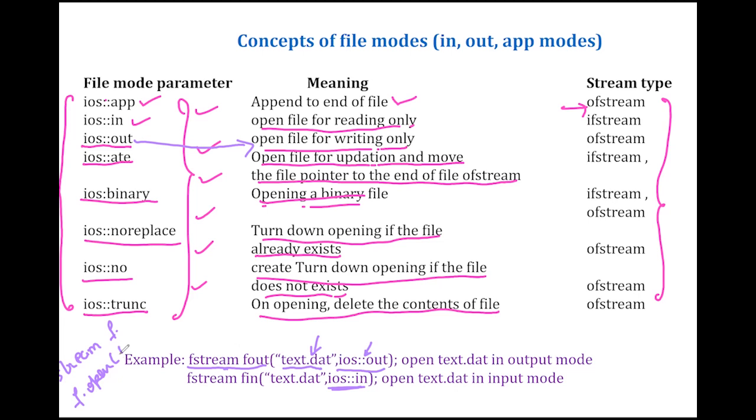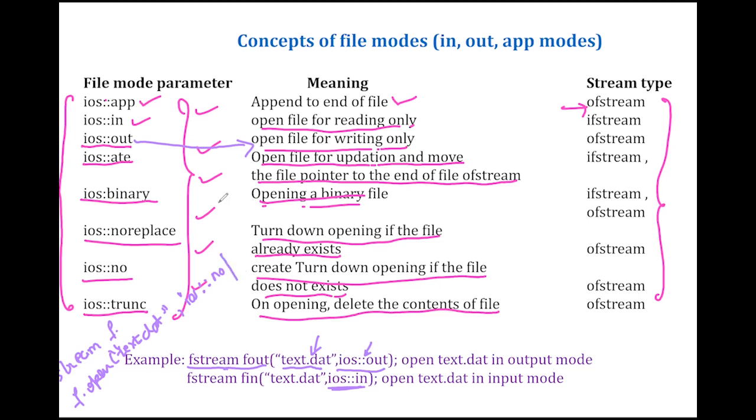Let me use text.dat, within double quotes, and then I can use certain mode, for example ios::nocreate. So when I say that, this is nothing but I do not want the opening of the file if it does not exist.